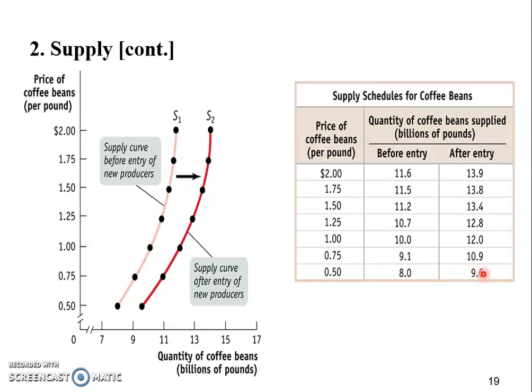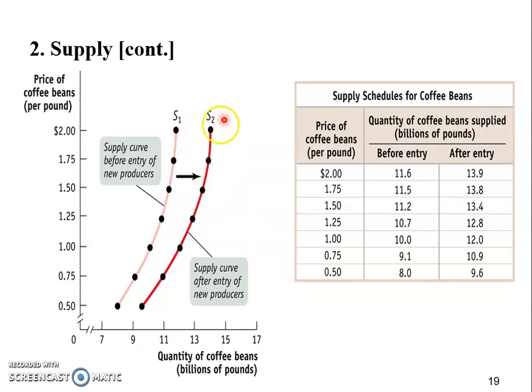If we plot the new relationship between the price and the quantity, we would find S2 here. For each possible price, the new combination between the price and the quantity lies on the right-hand side of the previous one. So when we connect all of them, S2 lies on the right-hand side of S1.